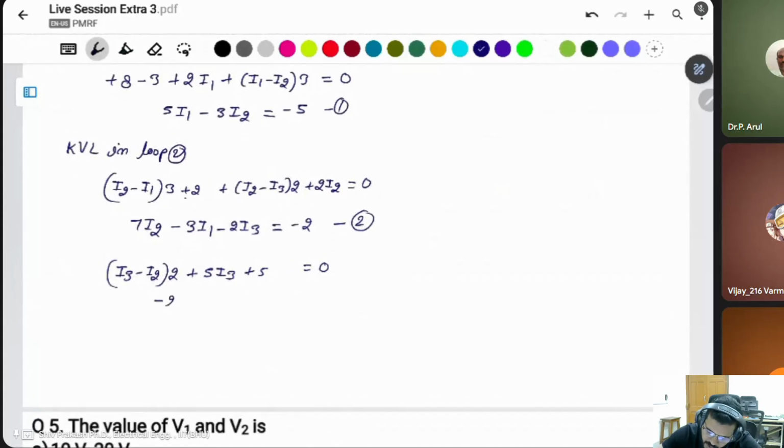This is minus 2I2. 5 plus 2 is 7I3 is equal to minus 5. Equation number 3.